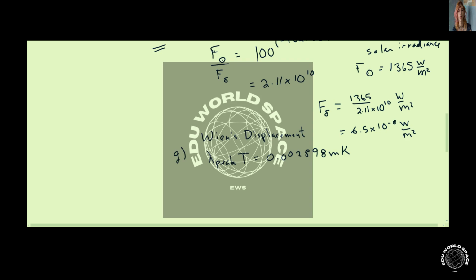And of course, we're going to use 28,000 Kelvin. And we get the peak wavelength equal to 103.5 nanometers, which is ultraviolet.